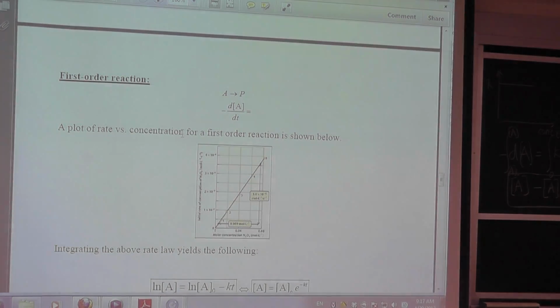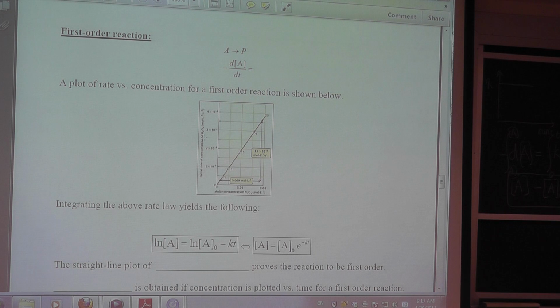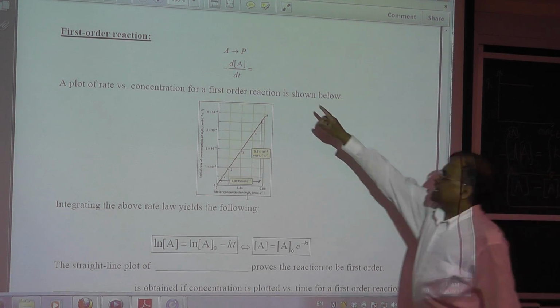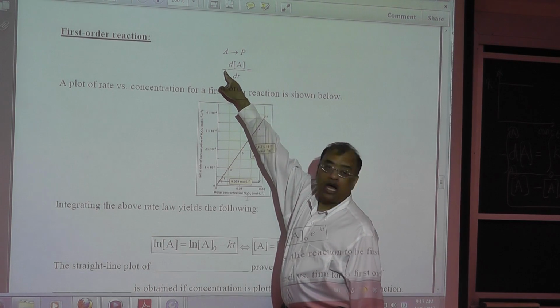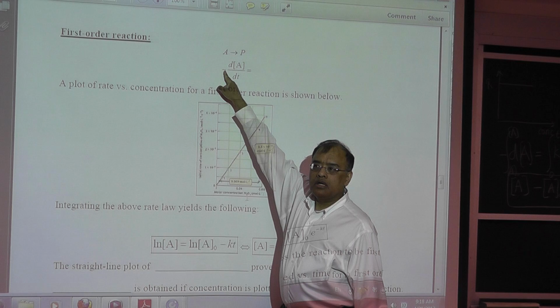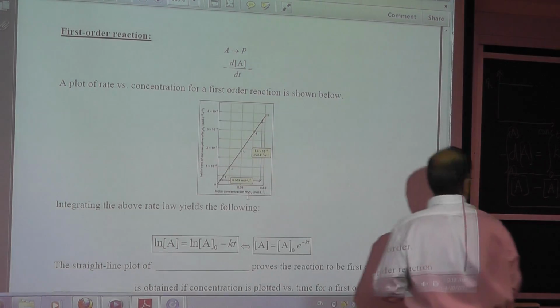Okay, so here is a plot of rate versus concentration. Oh, sorry, I didn't mean to say negative k. It's k times A to the power 1. The negative is out here.